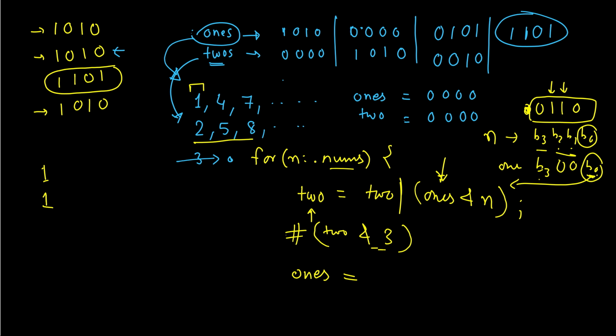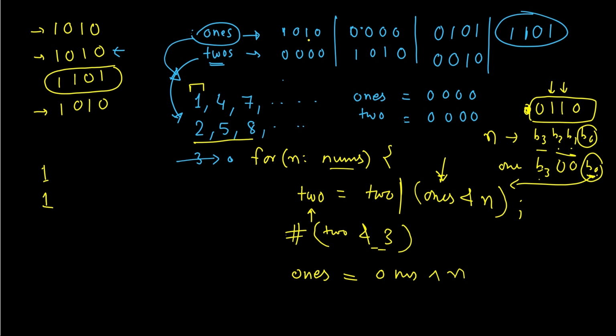Some bits have occurred once and ones is keeping track of that. So if we do XOR with the new number, this new number has some bits set, so those will become unset here if they were already present in ones, because those bits had occurred once and are also present in the new number. So now they have occurred twice.